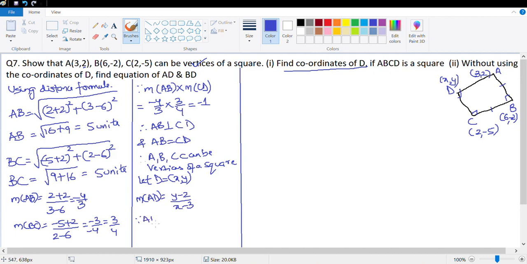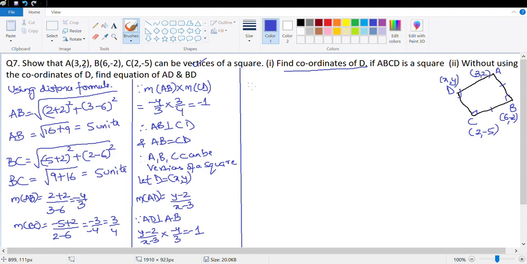Since AD is perpendicular to AB, which means y minus 2 upon x minus 3 into slope of AB, and slope of AB we've calculated as negative 4 upon 3, should be equal to negative 1. Let's cross multiply and see what we get.